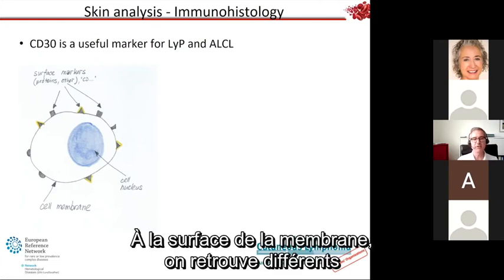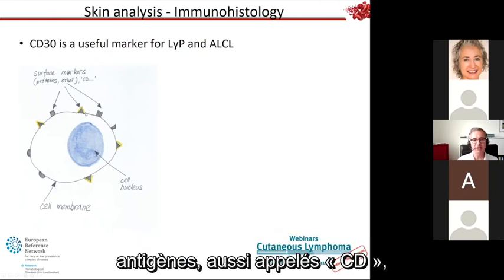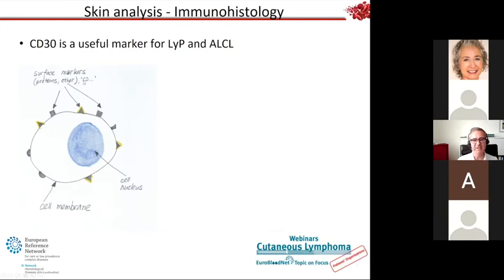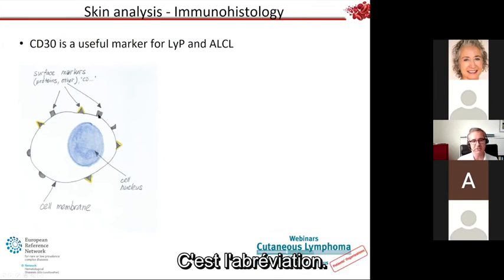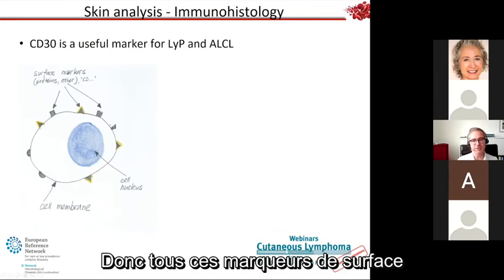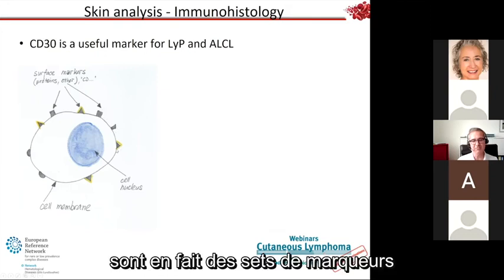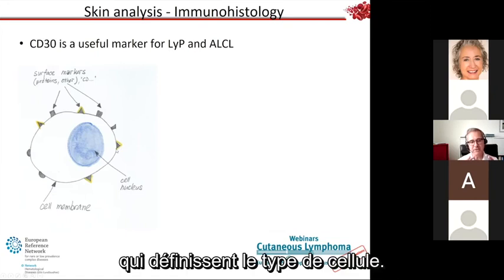And on the surface of the cell membrane, there are different antigens or so-called CDs. That's the abbreviation for cluster of differentiation. So all these different surface markers define basically the cell type.